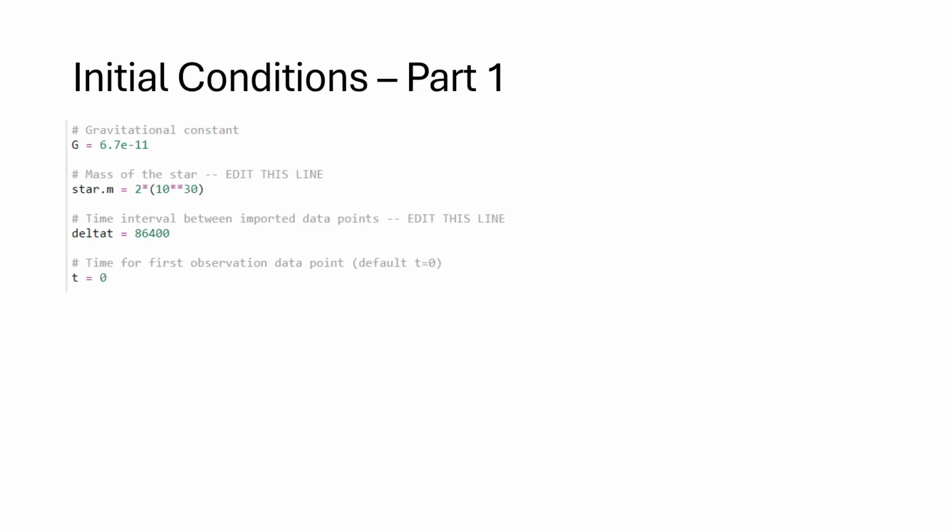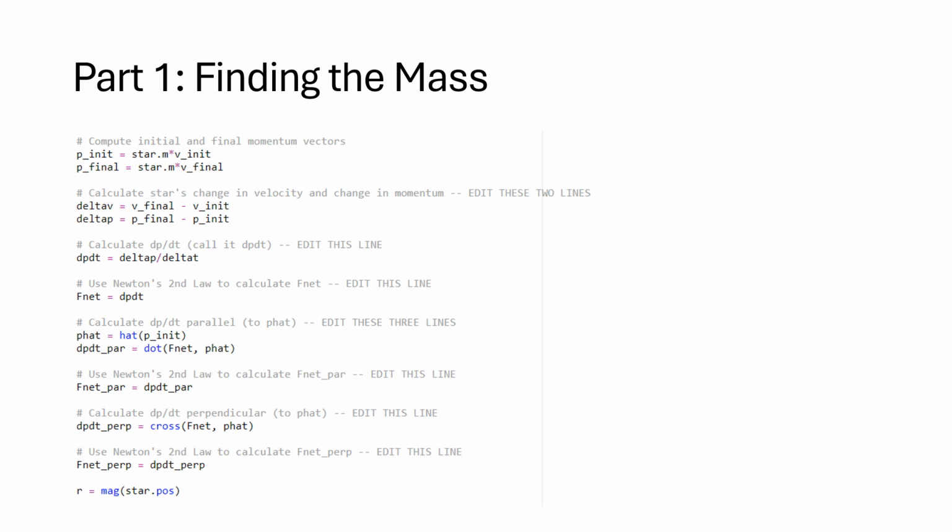The initial conditions for part 1 are the gravitational constant, the mass of the star, which is a given, delta t, which is meant to be 1 day in seconds, and t equals 0. When you find the mass, you calculate delta v and delta p, and then you say dp/dt is delta p over delta t, which works because it's a short time interval.